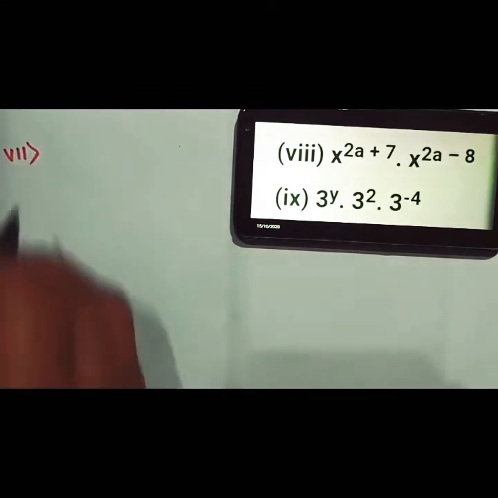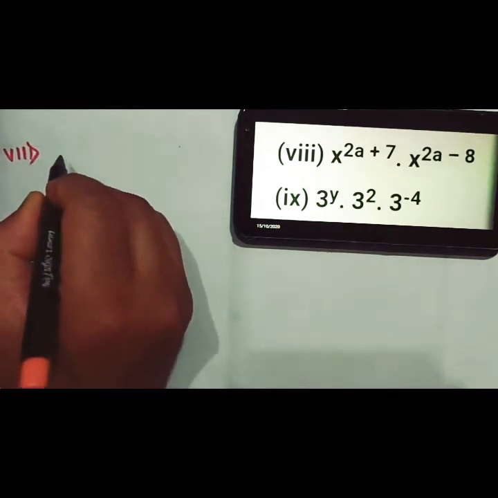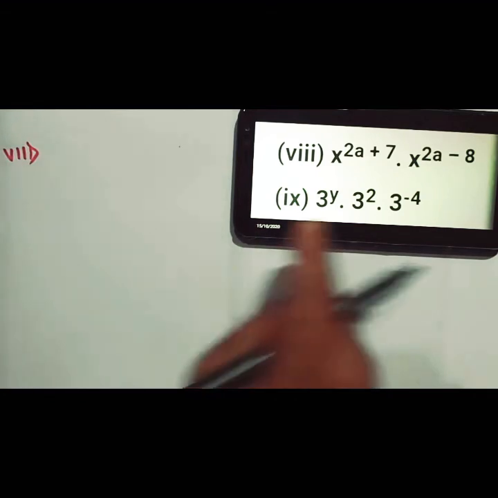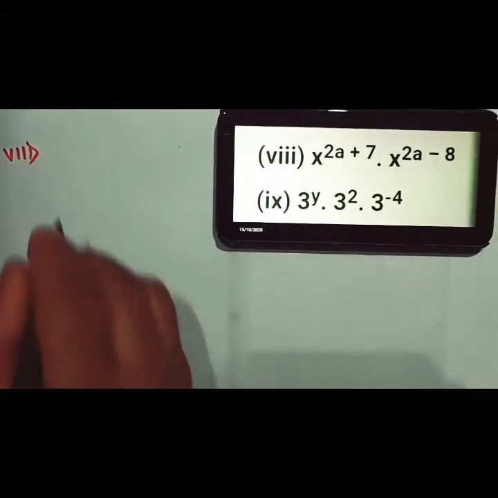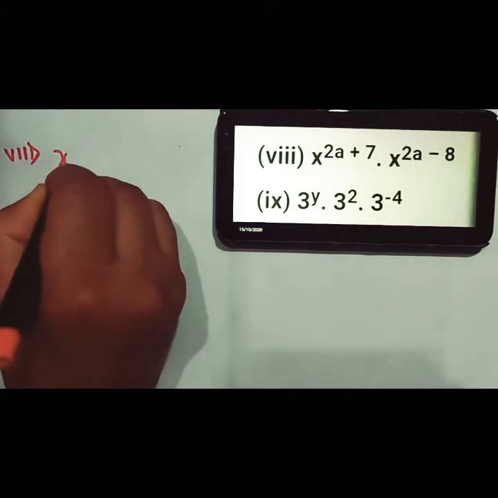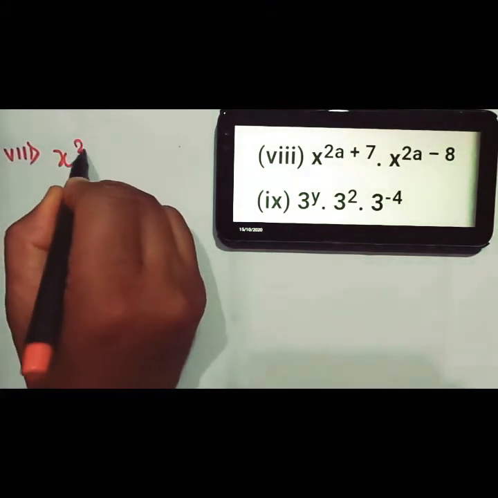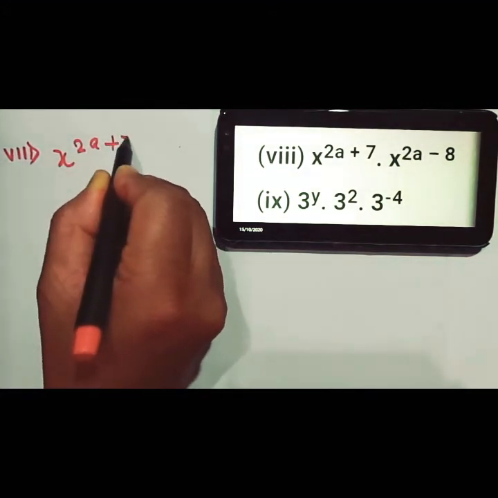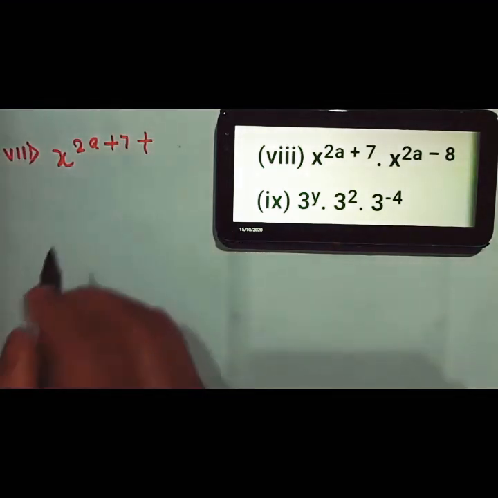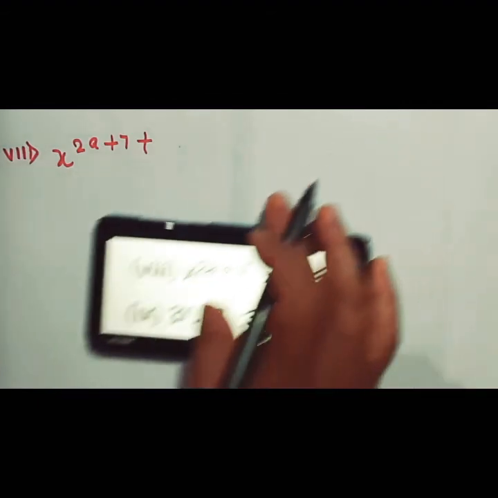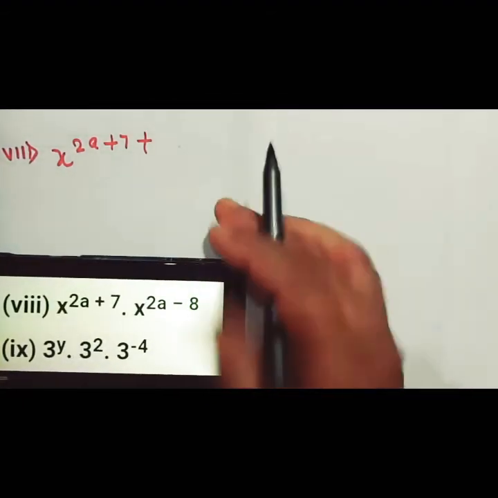Nothing to fear, so after writing the question which is already mentioned over here, we will write x to the power 2a plus 7, plus 2a minus 8.